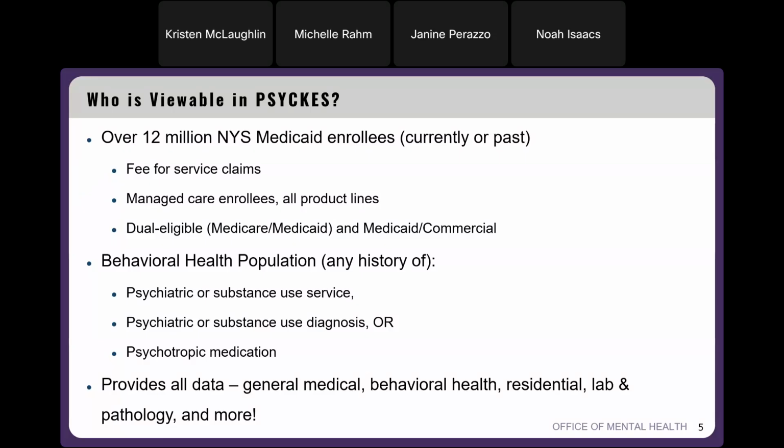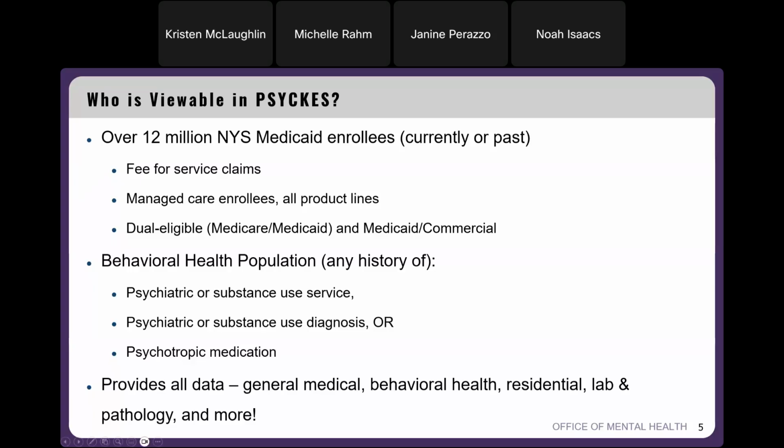One small note about the dual eligible folks is that, for example, someone who has both Medicare and Medicaid might mean that we don't have as much information because if we can't see the Medicare data, and oftentimes Medicare might be the one that's paying for medications, we won't be able to show that information. But any of the claims that are paid for by Medicaid, we would be able to display.